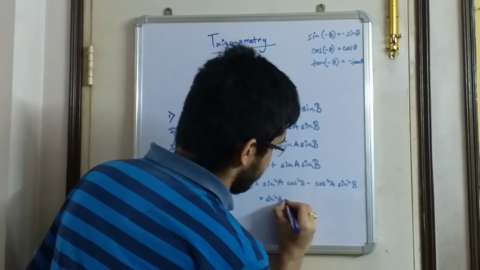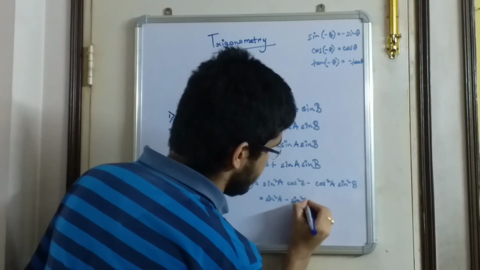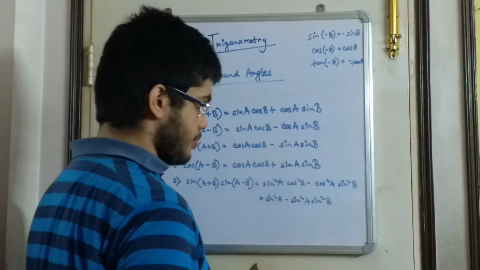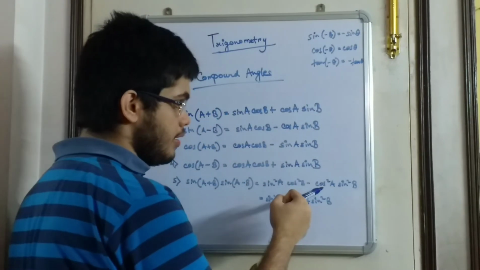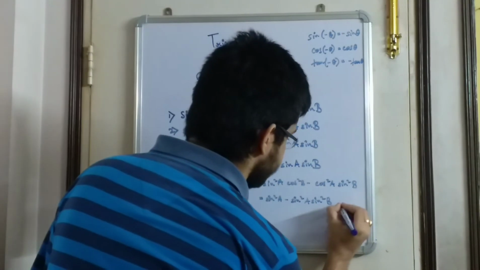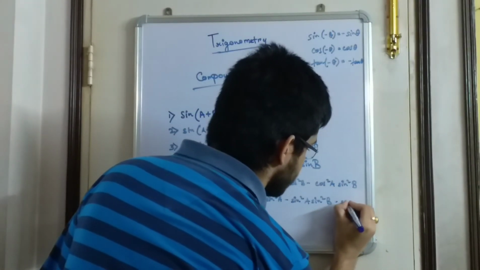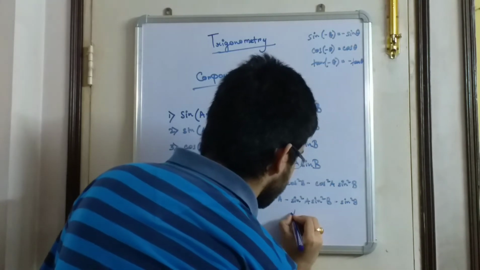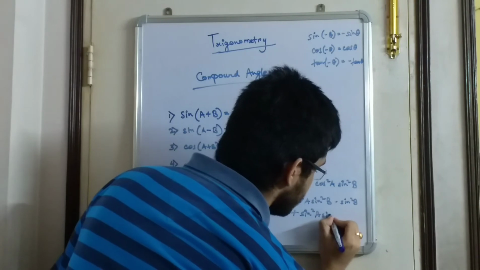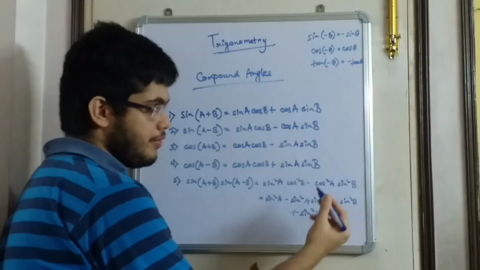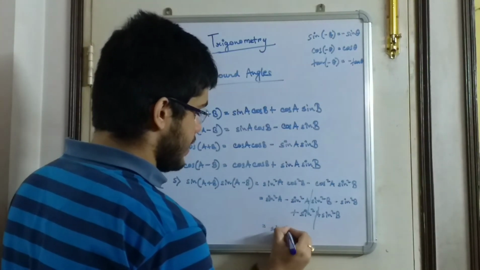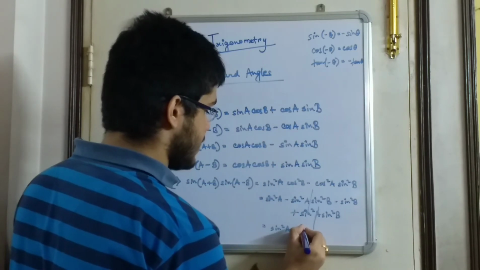So sine squared a minus sine squared a sine squared b, and here again cos squared a we can write as 1 minus sine squared a. So sine squared a sine squared b will get cancelled, and what remains is sine squared a minus sine squared b.